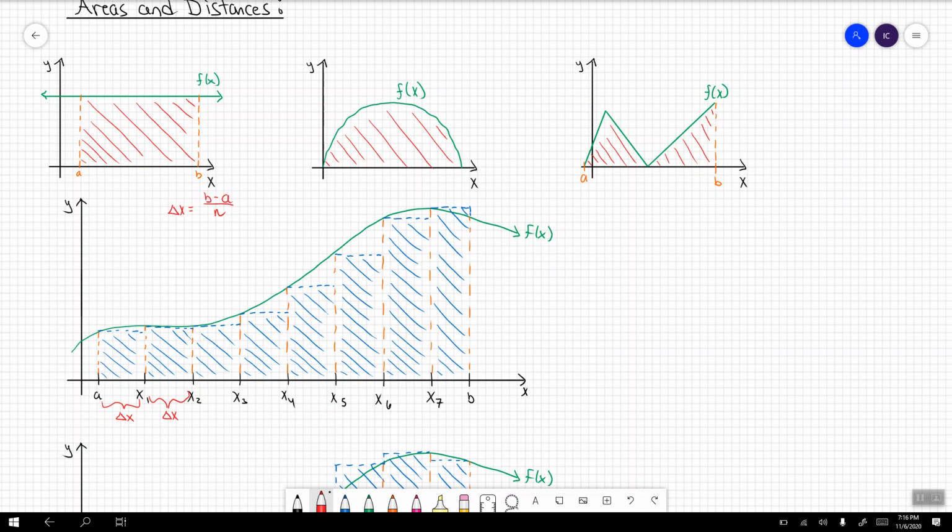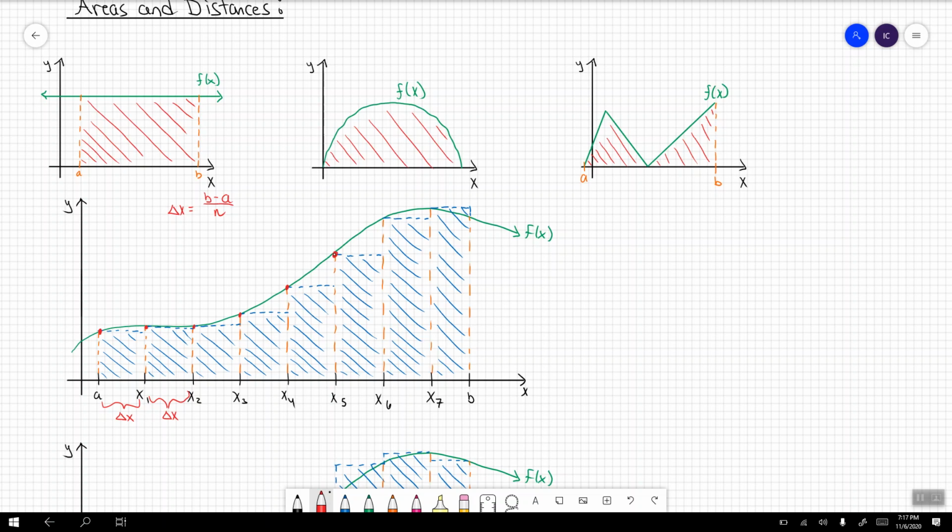And in order to approximate the area underneath the curve f of x from a to b, we're going to subdivide that area into these small subintervals, and within these subintervals we're going to start creating rectangles, and these rectangles are going to have a certain height. For this depiction, the heights are going to be the leftmost endpoint on each subinterval.